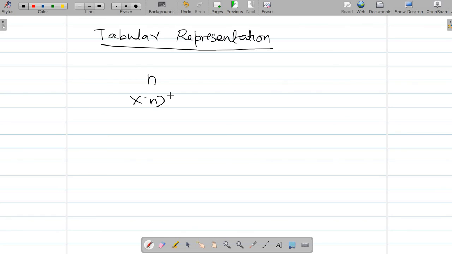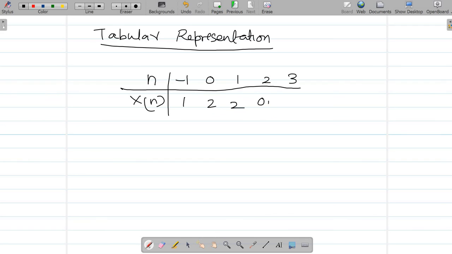X of n: you have -1, 0, 1, 2, 3, and so on, and the sample at n is equal to -1 is 1, then 2, 2, so 0.5 and 1.5. Okay, we'll stop here. We will continue in the next lecture.